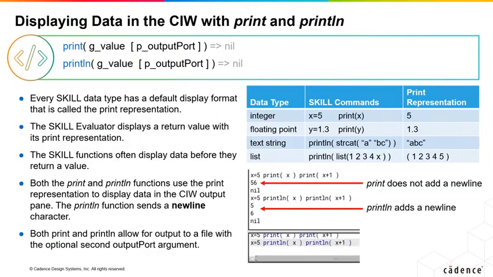And oftentimes what you'll see is skill functions will display data, maybe from other print functions or things like that, before they return a value. And what we'll be looking at is, for example, the print and println functions, which use the print representation. We'll also be looking a little bit in a few slides at a function called printf, which allows us more control over the formatting of the output of the print statement.